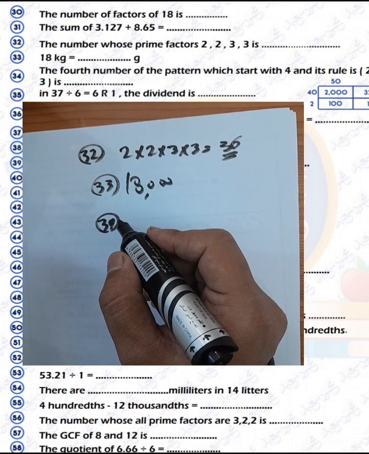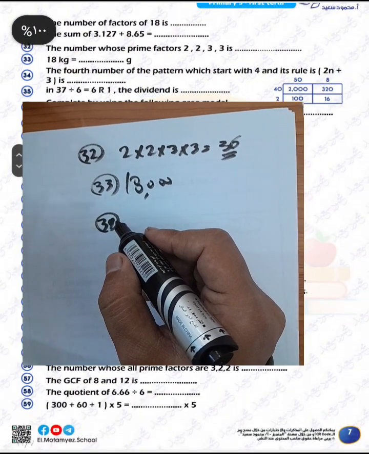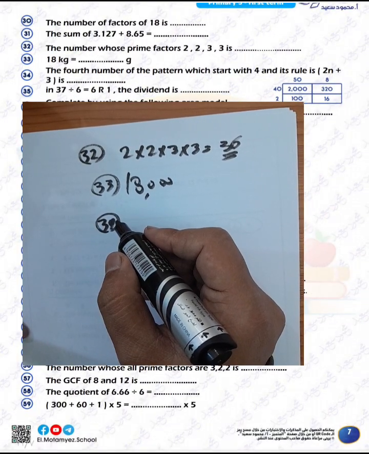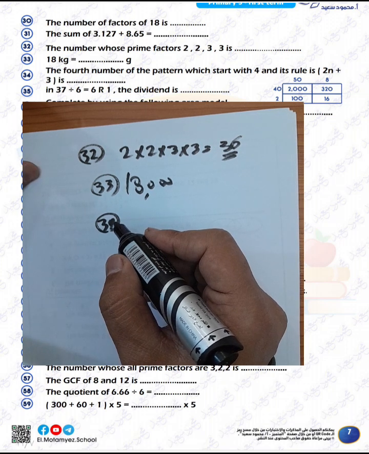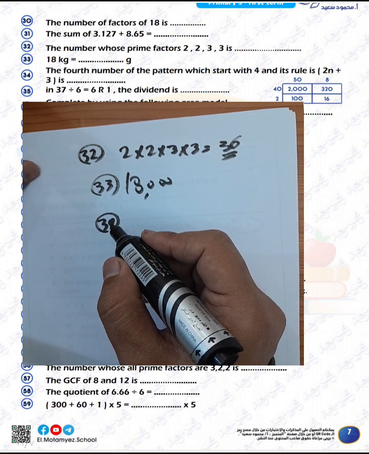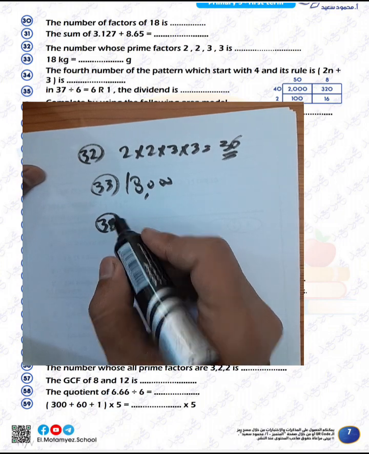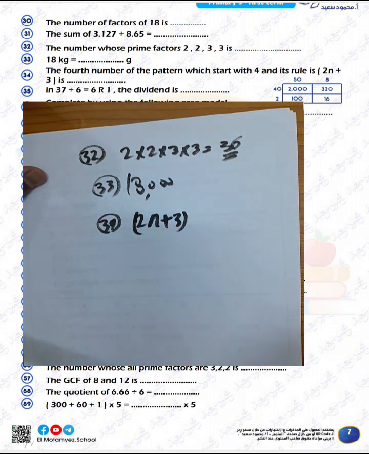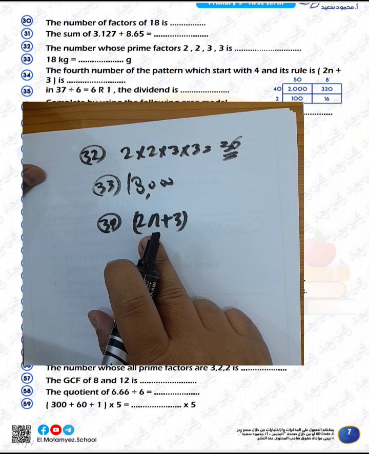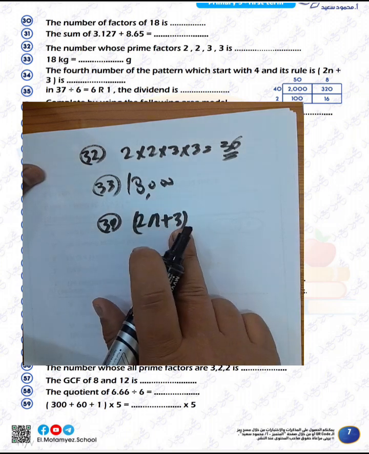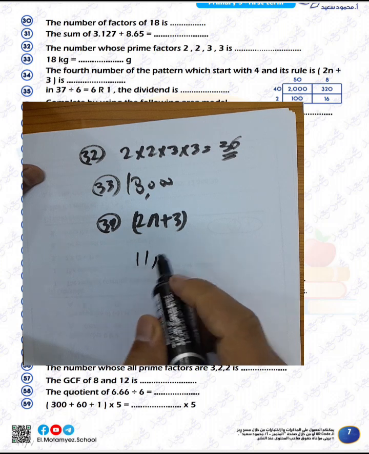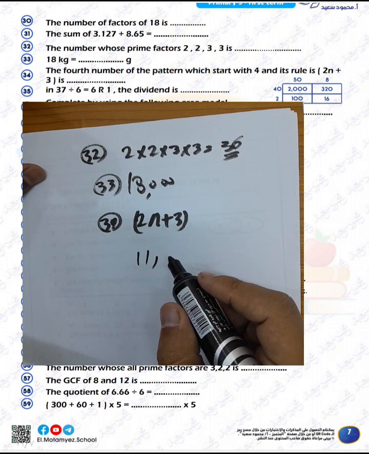The fourth number of the pattern, which starts with 4 and whose rule is 2n plus 3. We called it the fourth number, okay, with 4 and its rule 2n plus 3. We can write the fourth number as a pattern starting with 4. 4 times 2 equals 8. 8 plus 3 equals 11.